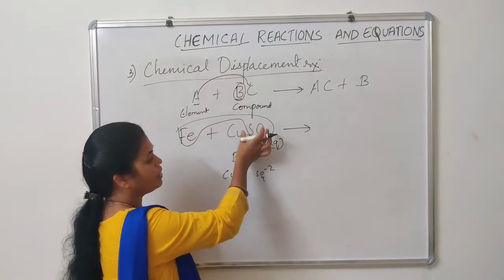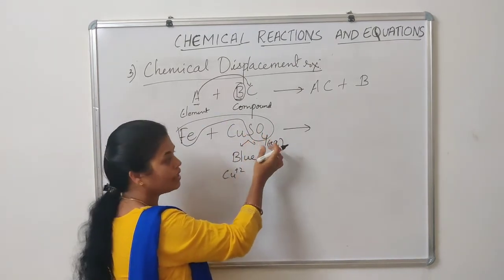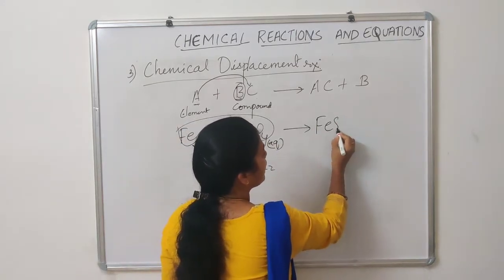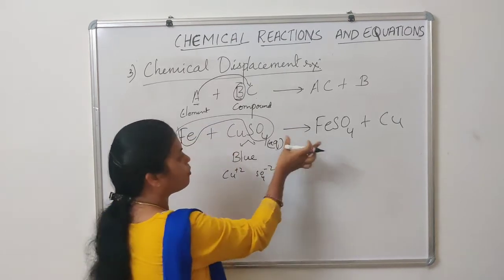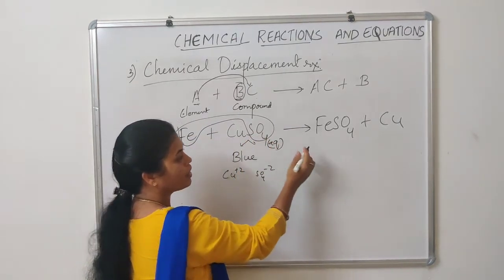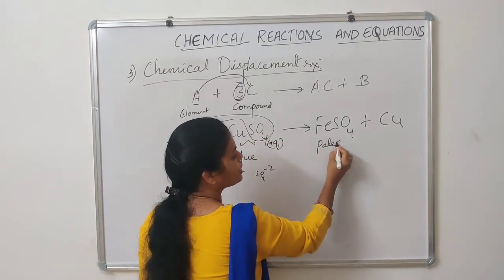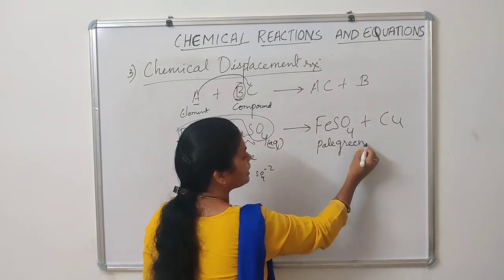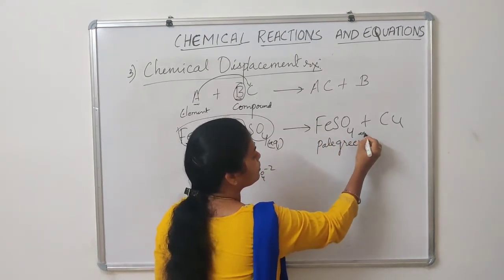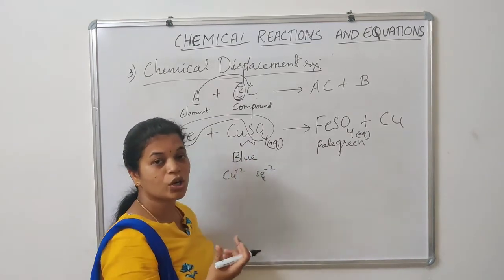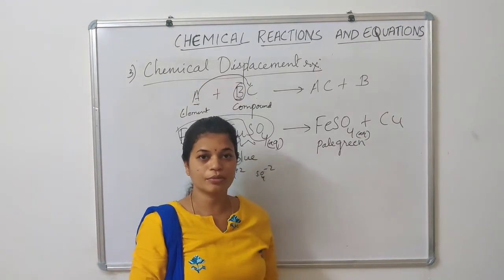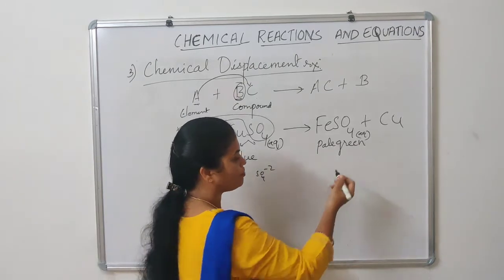Then iron forms a bond with the sulfate, forming iron sulfate plus copper. So your new compound is formed, iron sulfate. You know that iron sulfate is pale green in color. Water will also be there, so it is aqueous pale green. You know the actual color of the copper. What is the actual color of the copper? It is reddish brown.